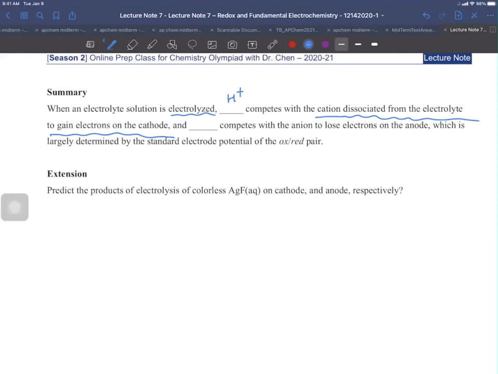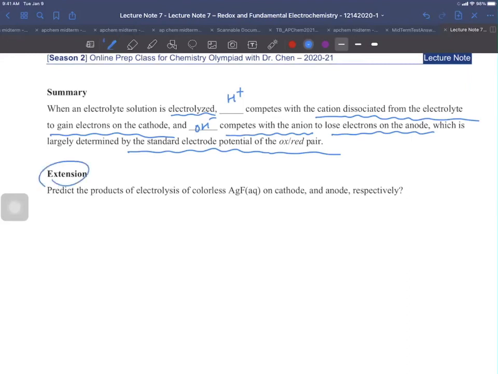If the standard potentials are close, we may need to further compare their concentrations. And the hydroxide, also from water, will compete with the anion to lose electrons on the anode, which is largely determined by the standard electric potential of the half reaction, or the OX-RED pair, the oxidation reduction pair.